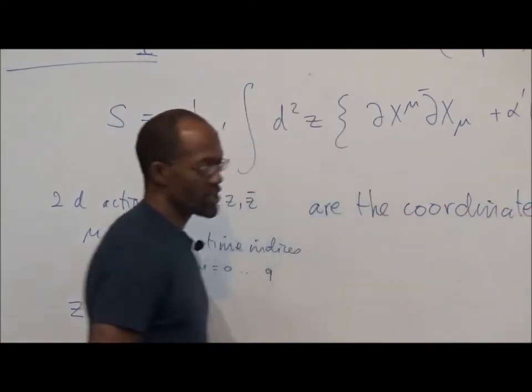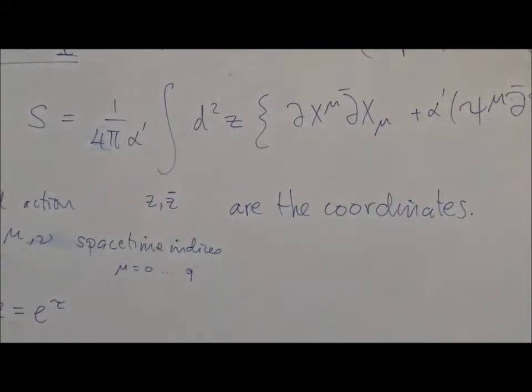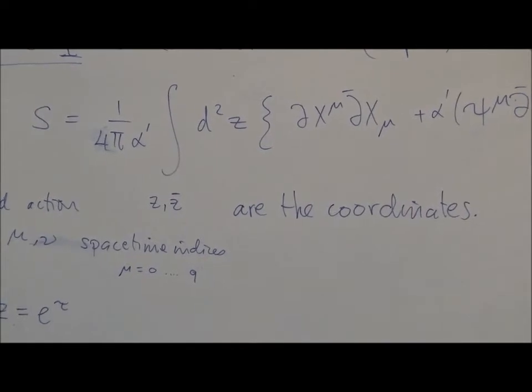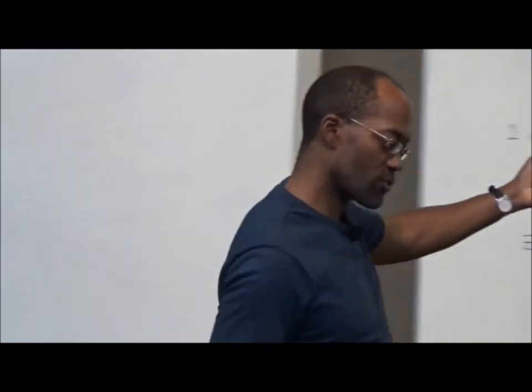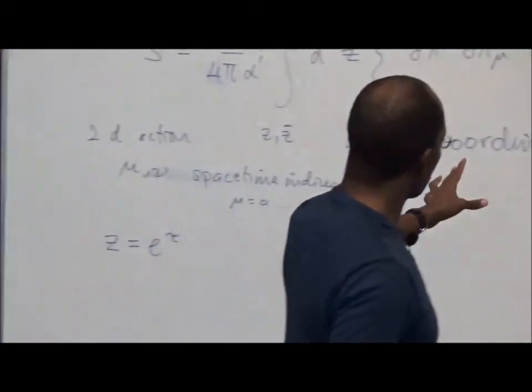Right, so remember, a key thing here from this perspective is that we're in this two-dimensional world where we have these coordinates z and z bar. I'll remind you of their relationship to the coordinates that you probably saw before, which are tau and sigma.